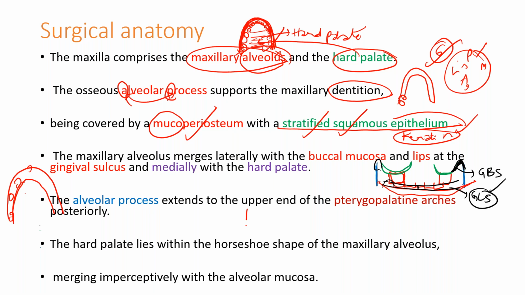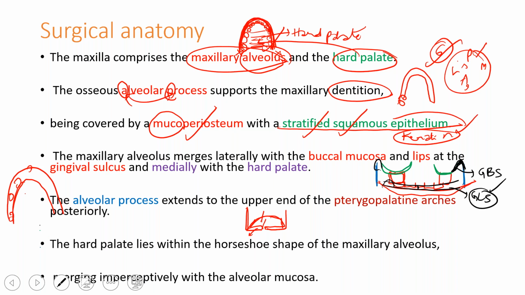From behind, there will be the perpendicular plate of the palatine bones, and this is the horizontal plate of the palatine bone. You are looking at the nasopharynx from behind, and in front will be the palatine process of the maxilla. This will be the upper jaw anterior part, and this will be the upper jaw posterior part, looking from behind.